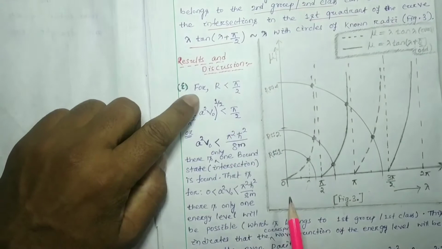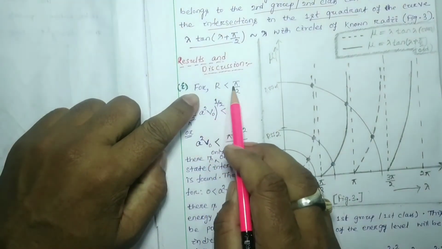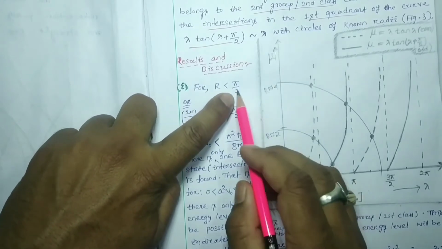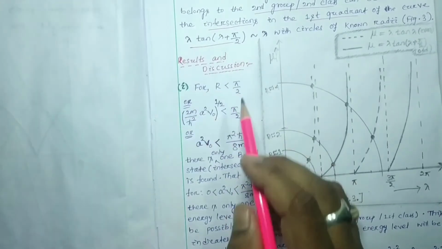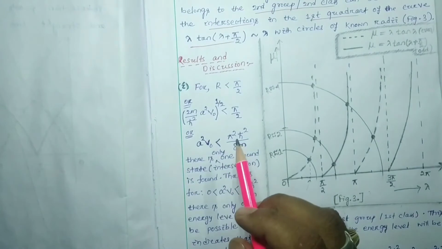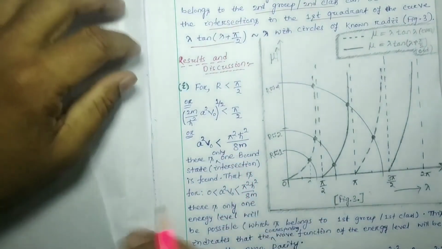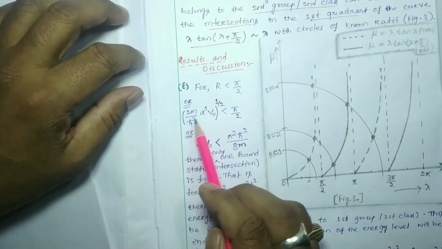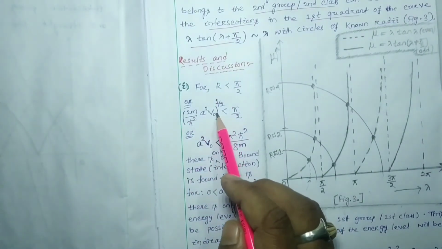Here you can see for r less than pi by 2. We are going to consider a radius which is less than pi by 2. So r, we know, is root of 2m over h cross square, a square v0.